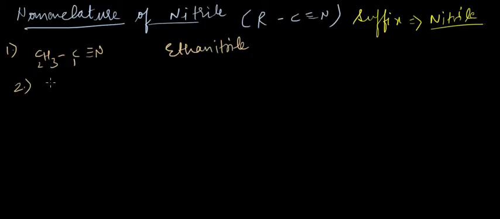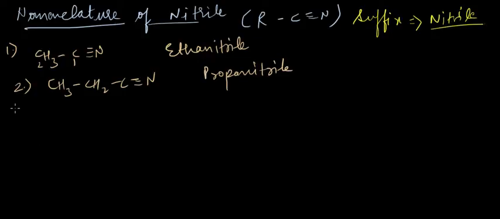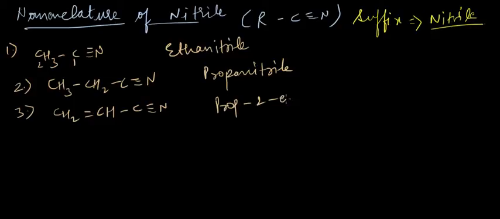If we have something like this, then its name would be propane nitrile. If we have something like this, then the answer would be prop 2 en nitrile.